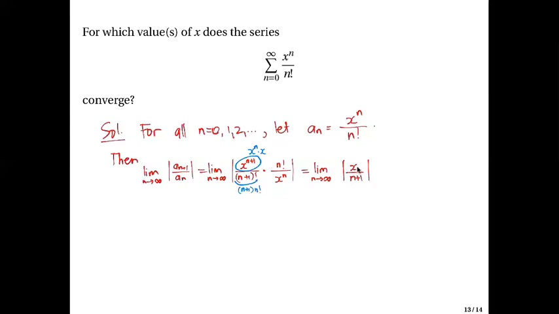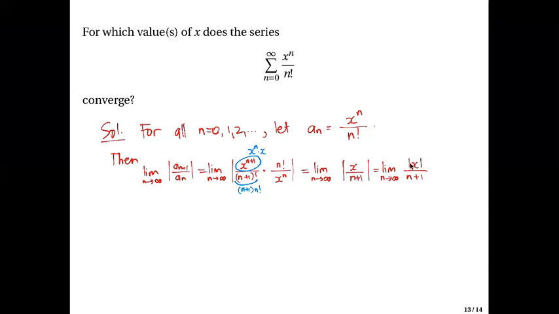Take note that x is a variable, so it can be positive or negative, so we should retain the absolute value on x. You can remove the absolute value on n plus 1 because n starts from 0, so n plus 1 is always positive.